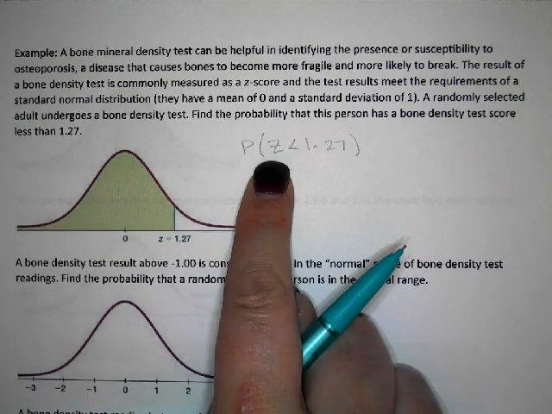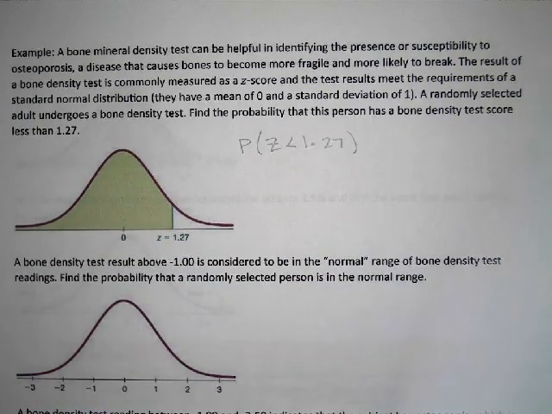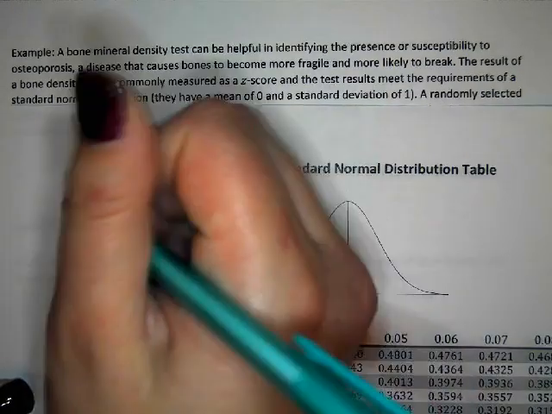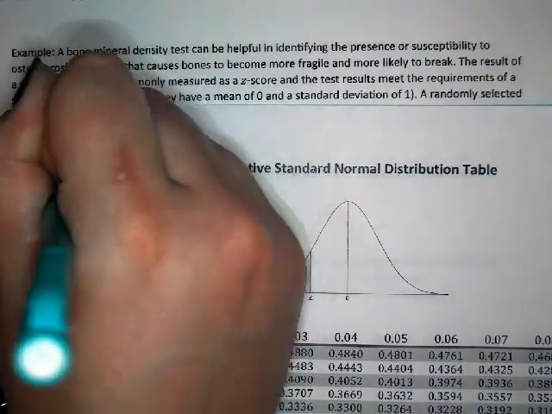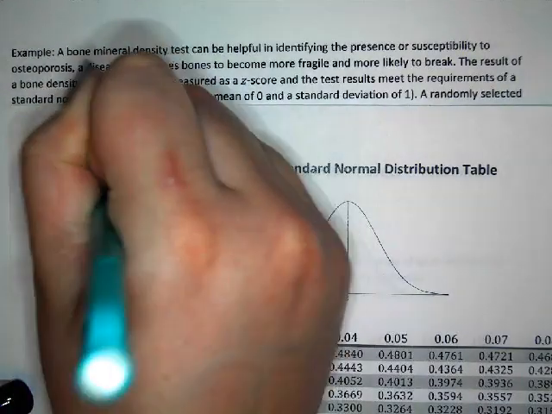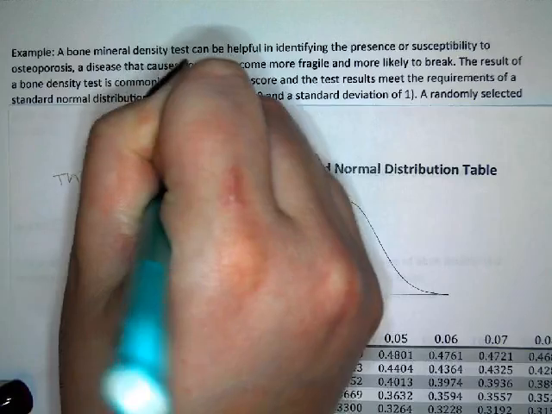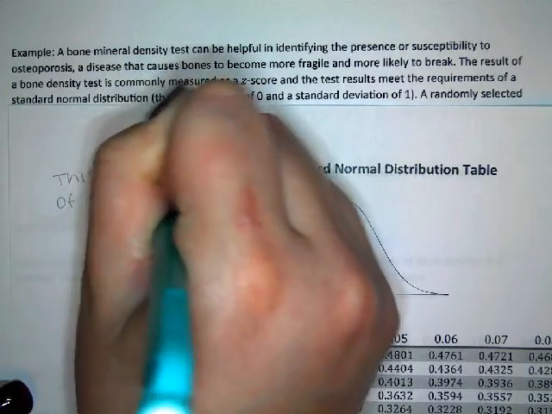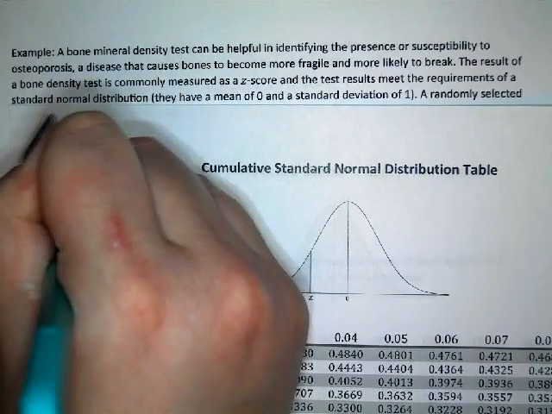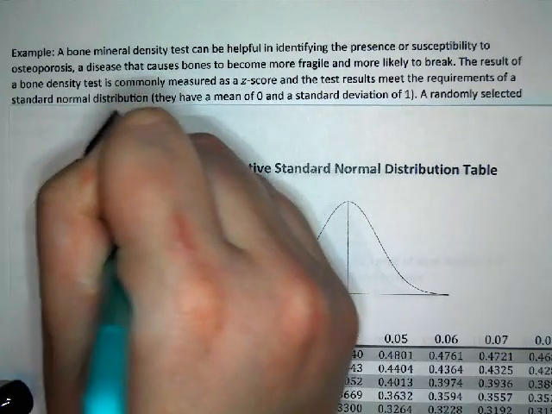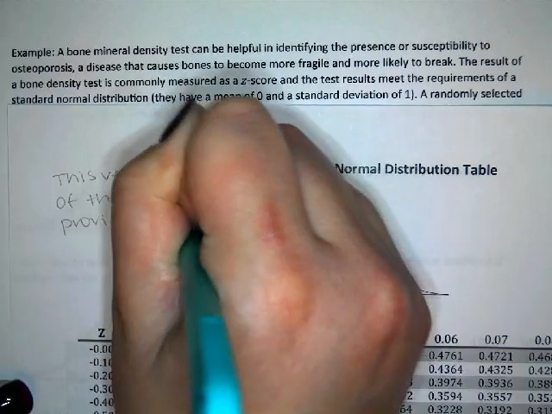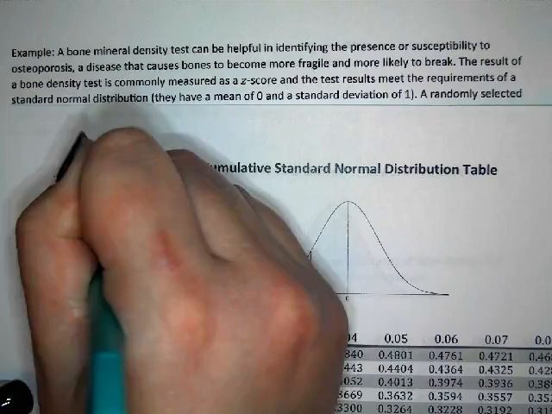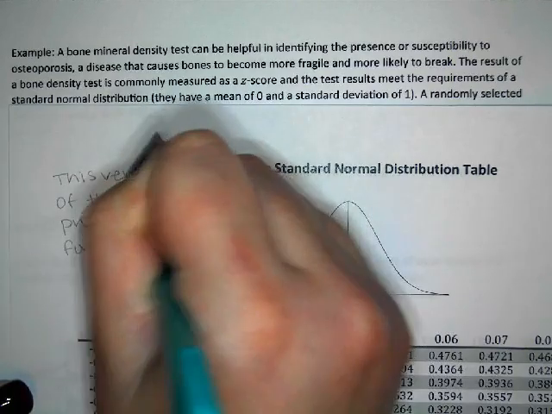All right, so we're going to write this. I wrote this on my table. You can write this on yours. If you think you'll remember it, that's fine. This version of the table provides probabilities for less than statements.